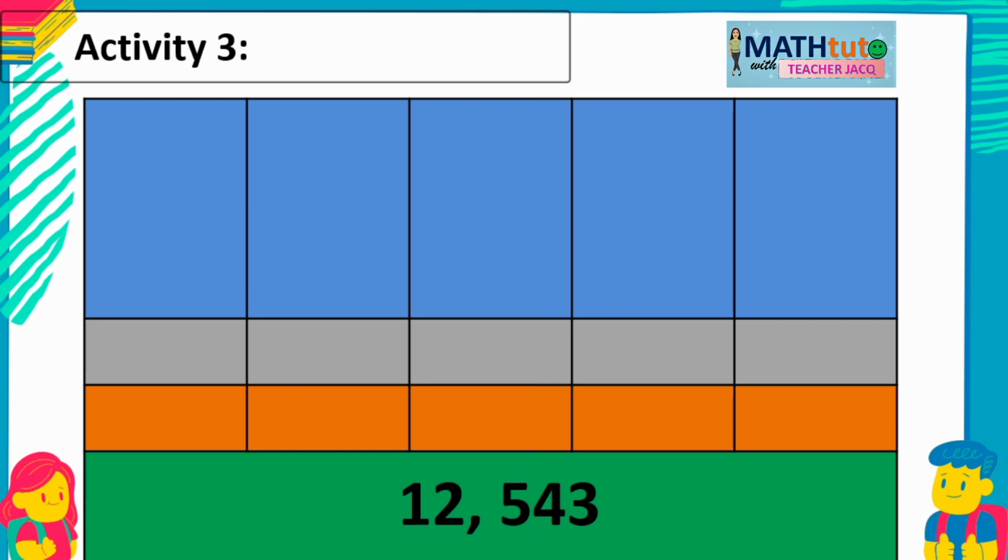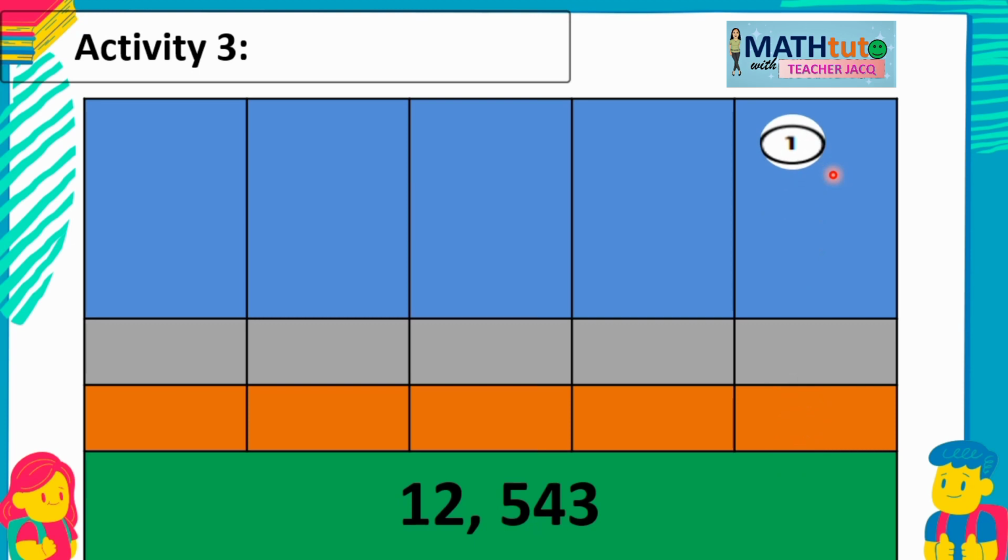Okay, let us check your answers. So we will draw disks in each place value. Okay, so what digit is in the ones place? Correct, it is 3. So therefore, we will draw 3 disks here in the ones place value.